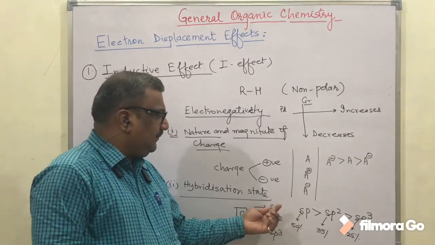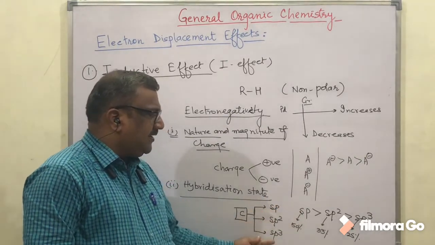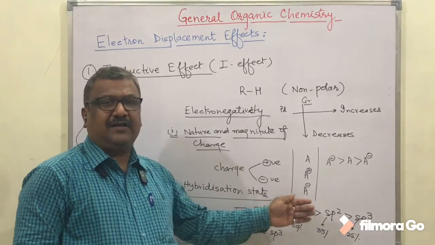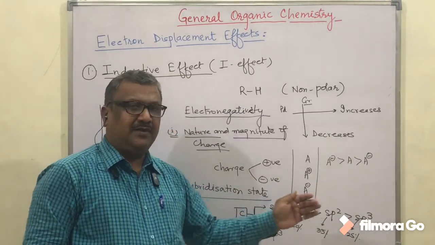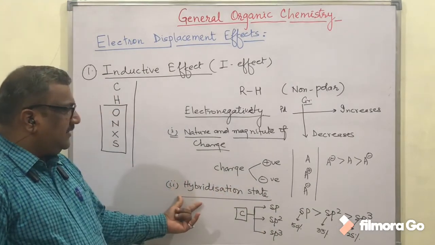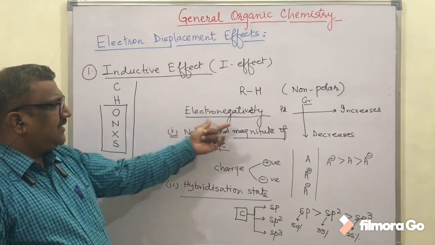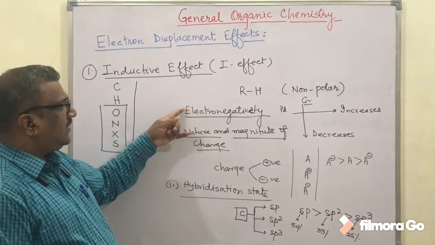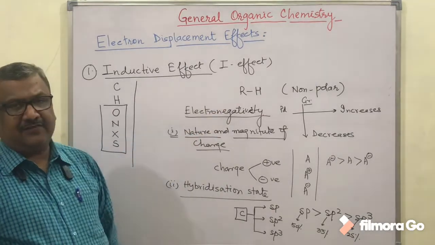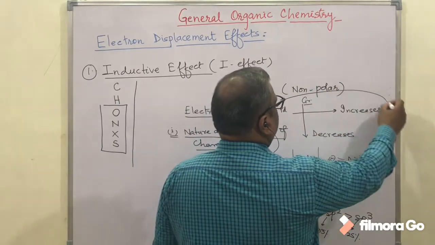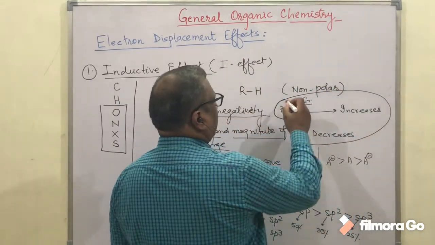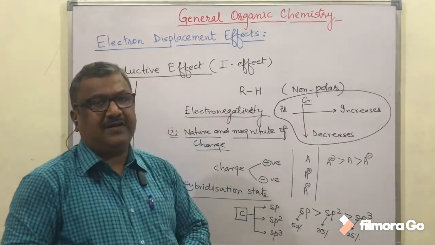So that is why if we have different hybridizations, then the electronegativity of the same atom will be different. It will not be the same. So depending upon hybridization and depending upon the nature and magnitude of charge, the electronegativity of a particular atom will change. Apart from this, the periodic trend gives the electronegativity of different atoms.